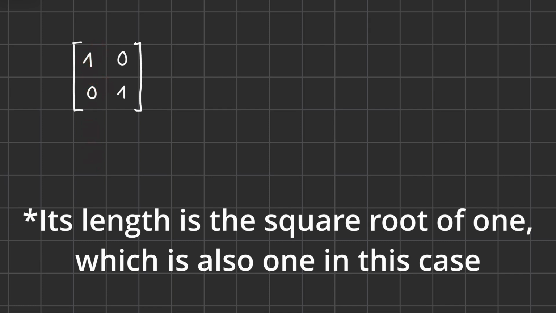And in the second entry, 0 squared plus 1 squared is also 1. So they both have length 1. The only thing to check now is whether they have orthogonal vectors. And we see this if we multiply the entries piecewise and add them up. So 1 times 0 is equal to 0, and 0 times 1 is equal to 0. Adding these up, we get 0, so they are orthogonal. That means our matrix is orthogonal as well.